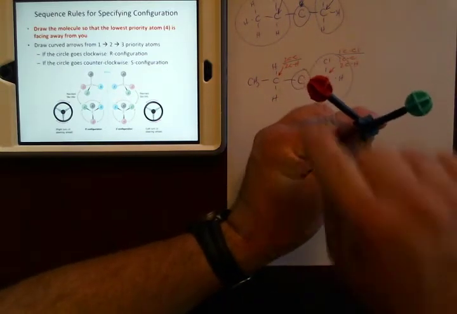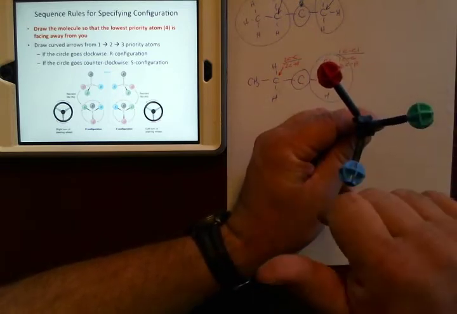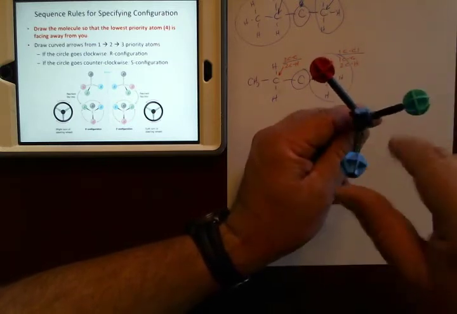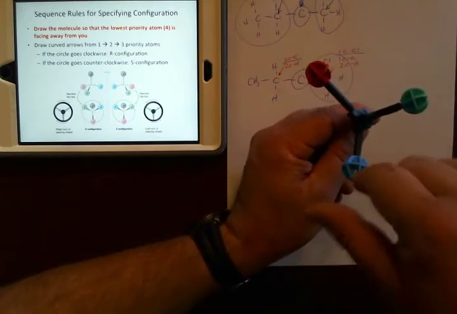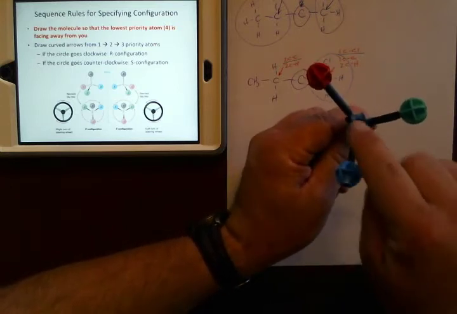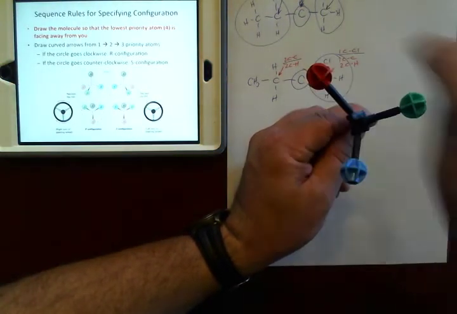Then you count 1, 2, 3 around. If it's clockwise, it's R. If it's counterclockwise, it's sinister, it's S. So with 4 going behind, you then look at either clockwise or counterclockwise.